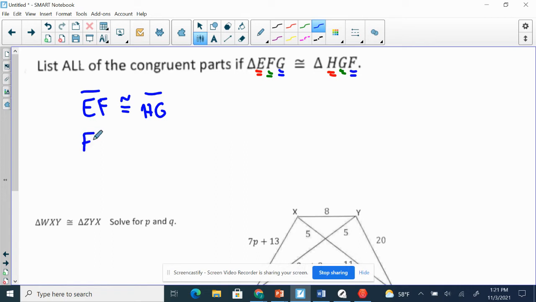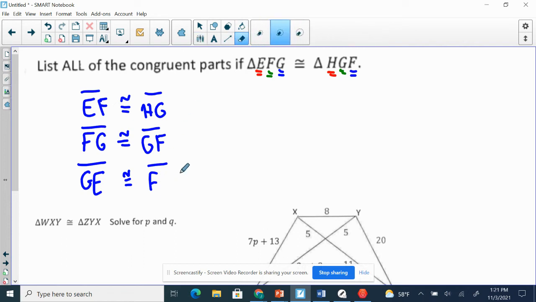And then FG is congruent to side GF. And then side EG, or we'll keep reading in order, so GE is congruent to, we want blue to red, so FH. Sorry, guys. FH.